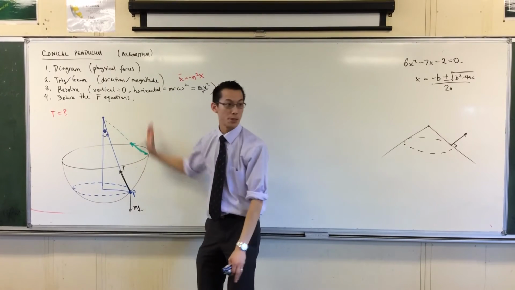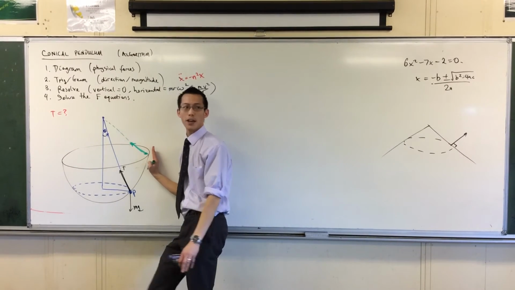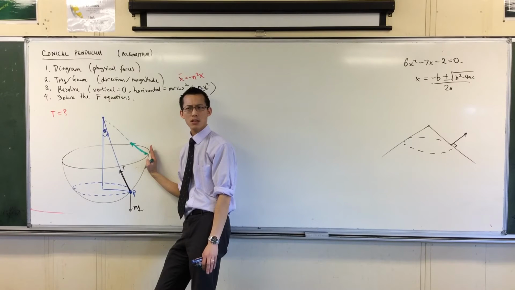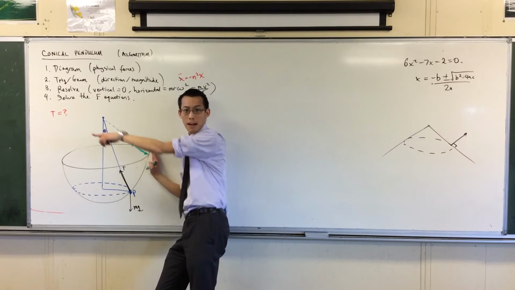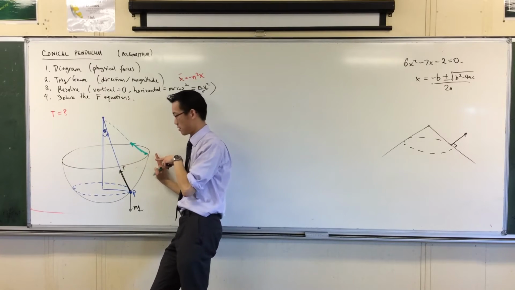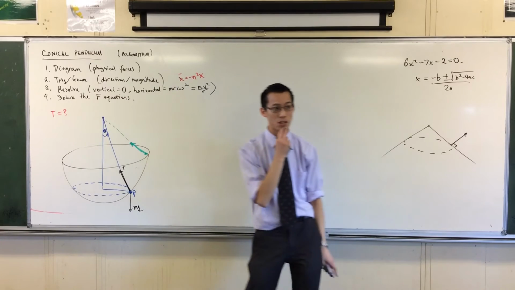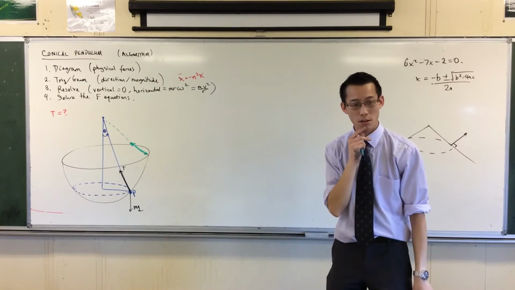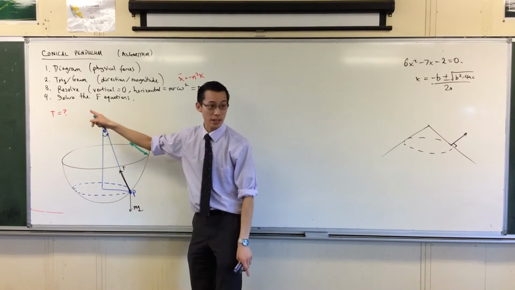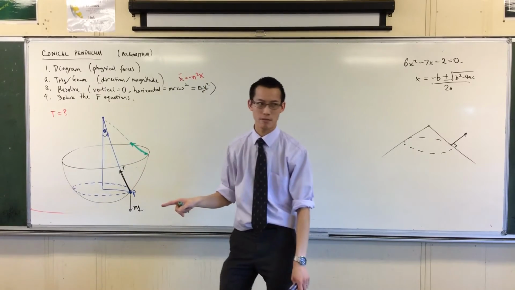I didn't draw it very vertical, but you get the idea. If this is vertical, which way is the normal facing? It should be horizontal. Vertical, perpendicular means horizontal. So you're definitely not going in the same direction as the string. Tension is going that way from the string, but the normal force is facing another direction.